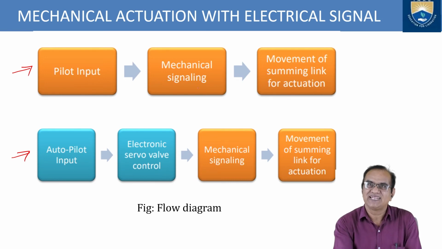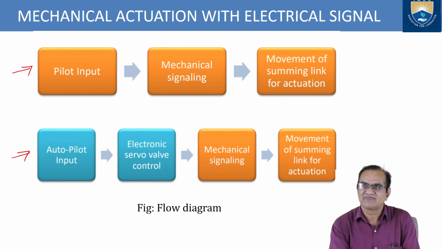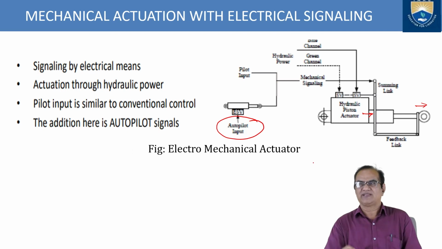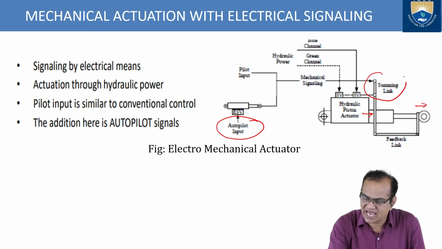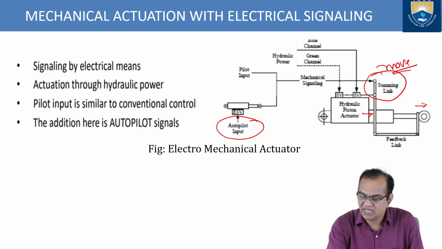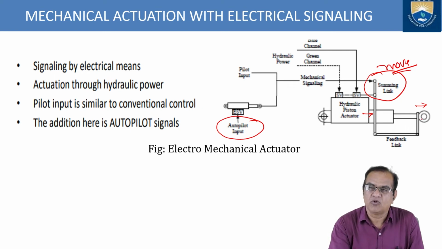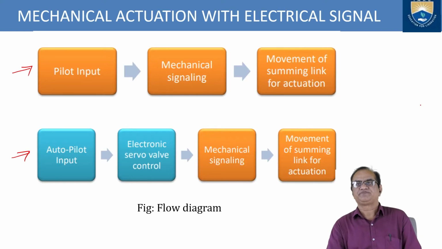Then the mechanical signal is the same, and movement of the summing link and the actuation. You can see here that this summing link has to move by this. So it is moving, and then this part will also move. That is the function of this type of system.